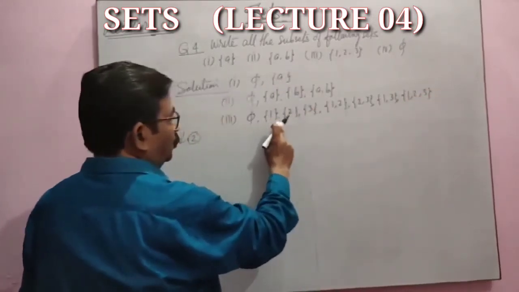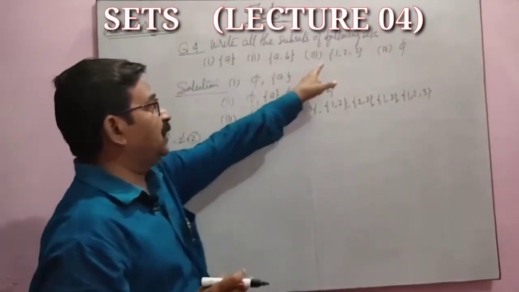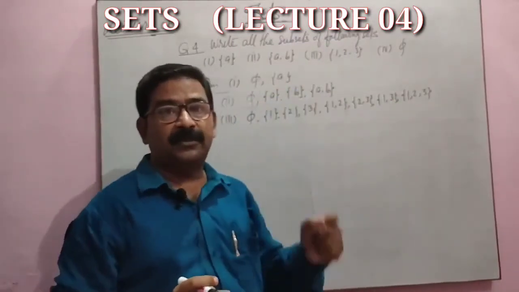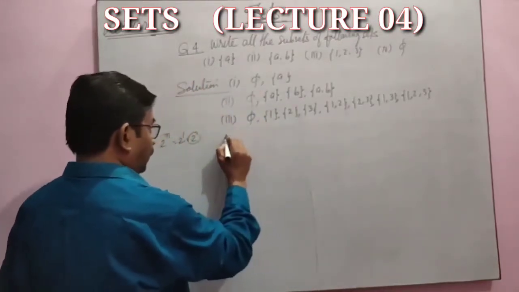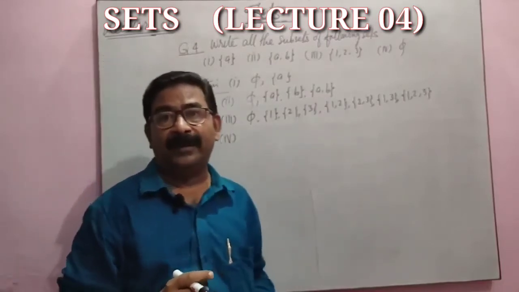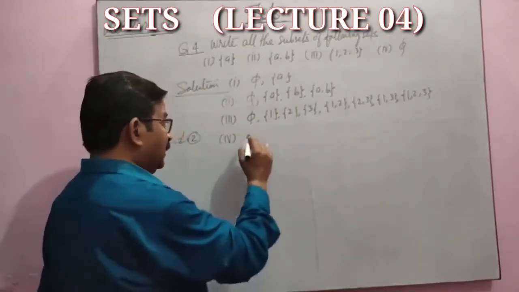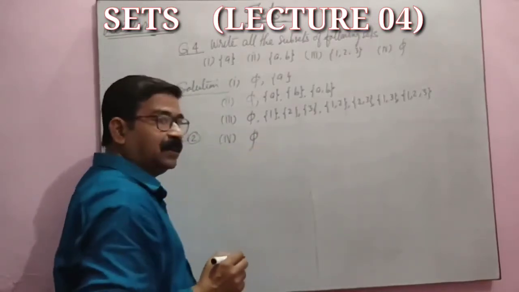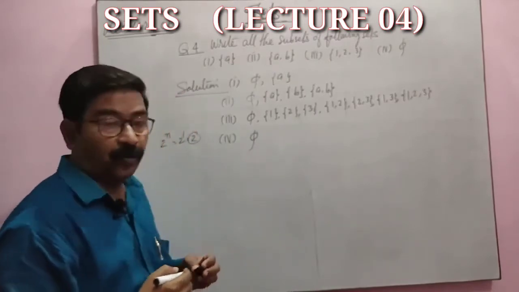See, that is 8; there are 3 elements, so the number of subsets is 2 to the power 3, that is 8. Fourth part: phi means no element. So only phi is the subset. Got it? So this is question number 4.